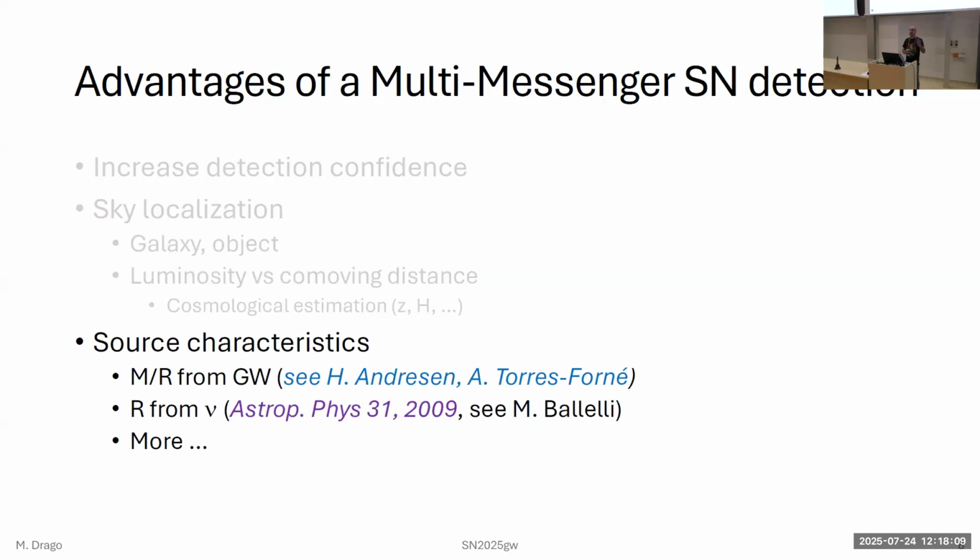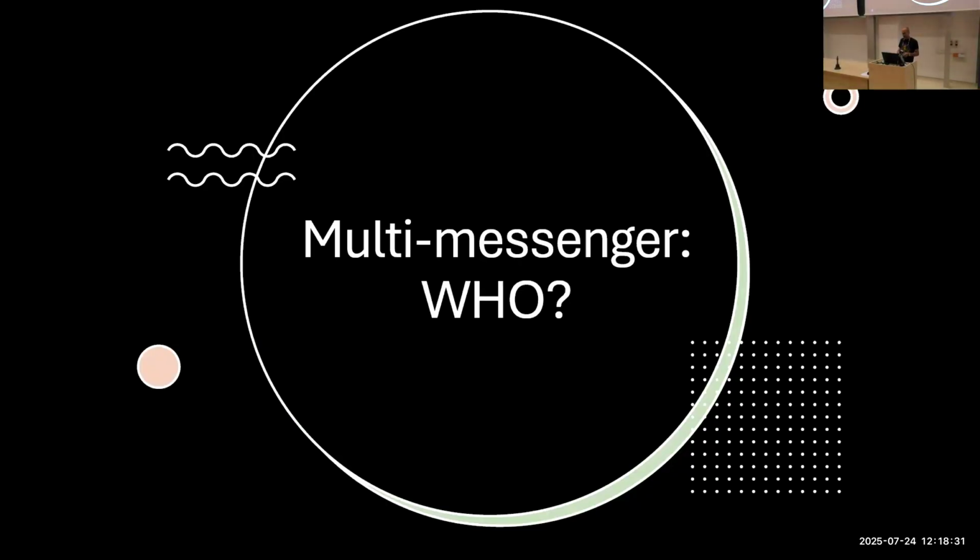For instance, giving some information from gravitational waves and other information from, for instance, neutrinos. And of course, there were other talks in this symposium, and there will be others that explain some examples of that.